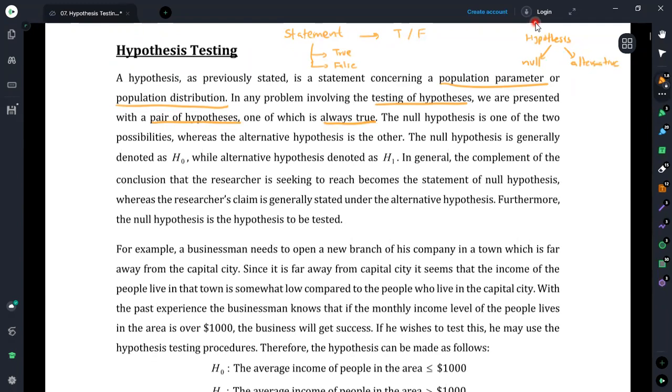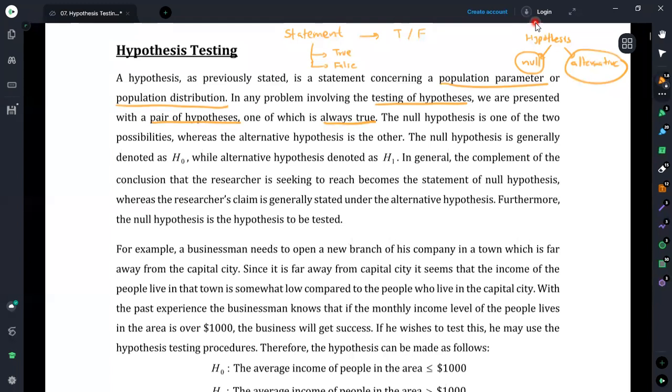These are the two statements I mentioned previously. One would be true, one would be false. One of those statements will be mentioned under the null hypothesis and the remaining one under the alternative hypothesis.